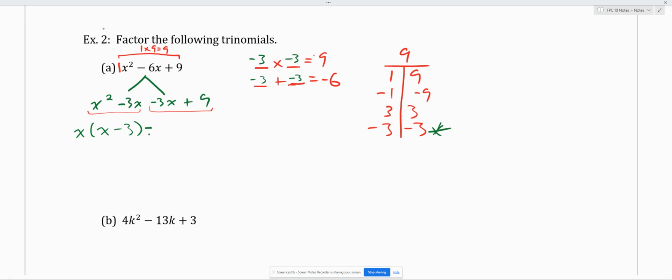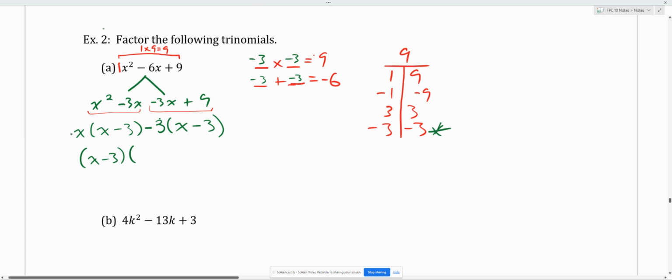That's important, because if I don't, my brackets won't match. So if I take out the -3, because 3 divides 9, I'm going to be left with positive x minus 3, because -3 times -3 gives me positive 9. And now finally, we can do our final factoring. Let's factor the common pair of brackets out, and my leftovers is also the same thing: I get an x minus 3.